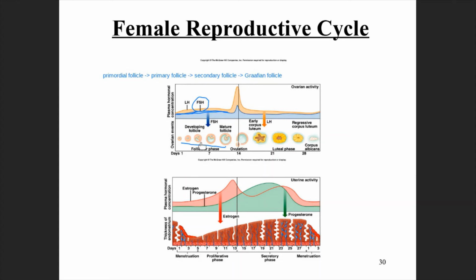So the presence of the antrum is a good time to define it as a secondary follicle. Okay, so the antrum, secondary follicle. At the very beginning where you see the antrum, the oocyte is inside the follicle.